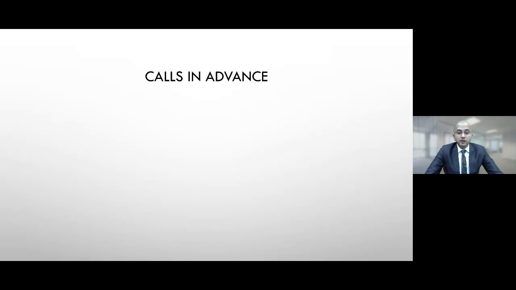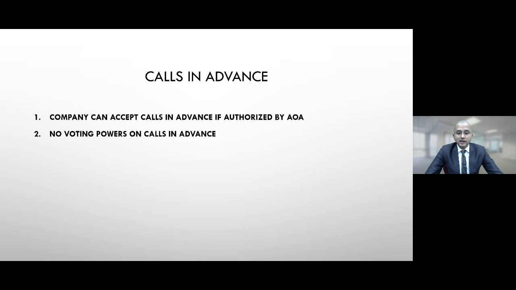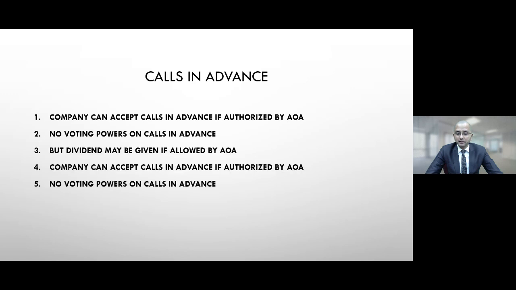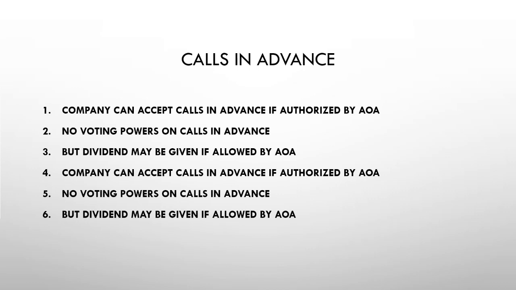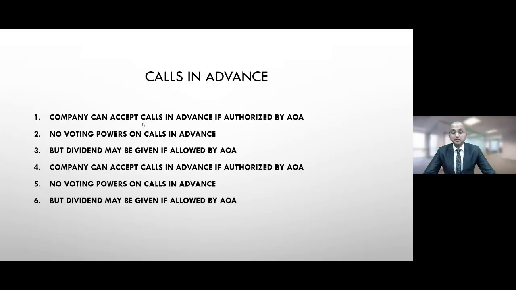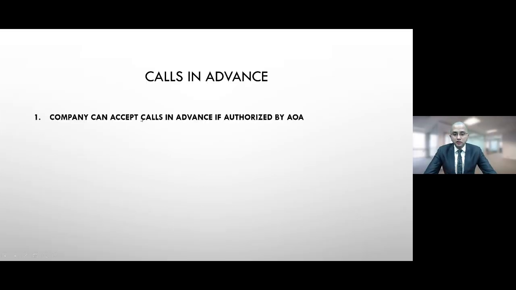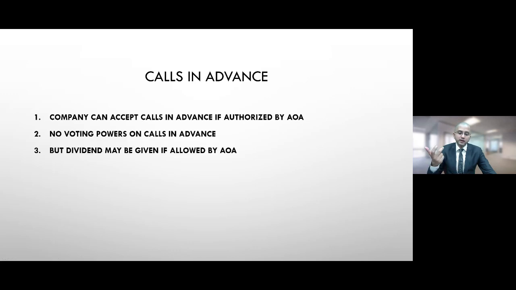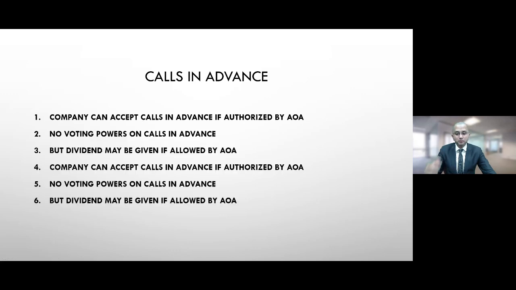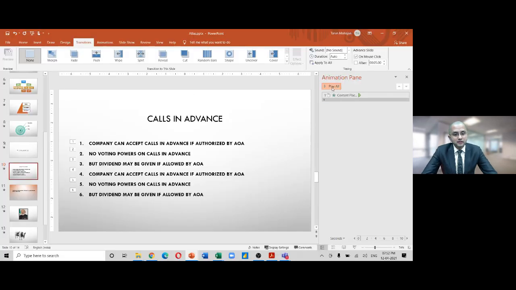So when I put animation over here, I have to click 1, 2, 3, 4, 5, 6. So this is just appear. Point number 2 appears, point 3 appears, point 4 appears, point 5 appears, point 6 appears. I can click on play all.